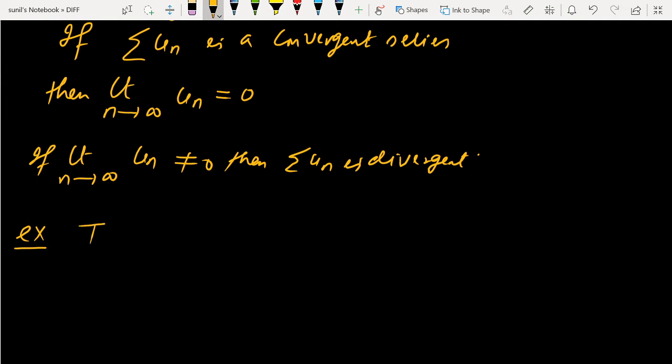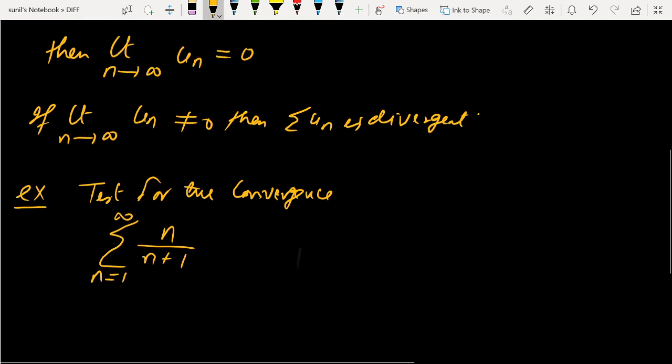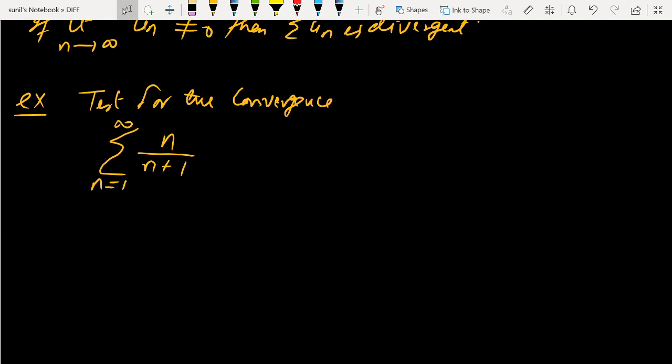The question is: test for the convergence of summation n upon n plus 1, n varies from 1 to infinity. Now what you will observe here, student, is that your nth term is n upon n plus 1.